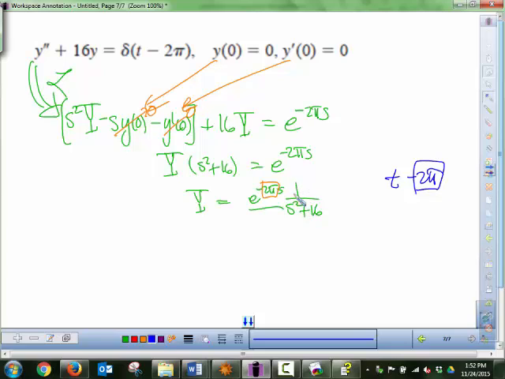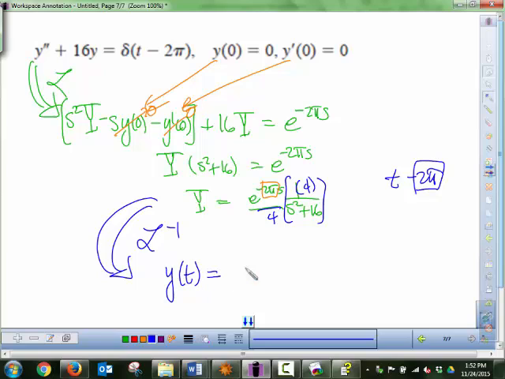But I do need to match the coefficient here. So this is 4 squared. So I need a 4 divided by 4. So this thing will transform back as a sine function. All right, transform back using inverse, and so we have y of t is equal to, let's get rid of that 1/4, deal with that right now.